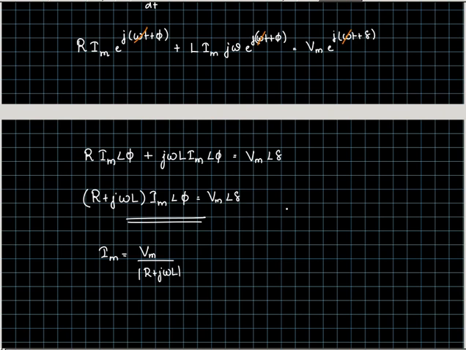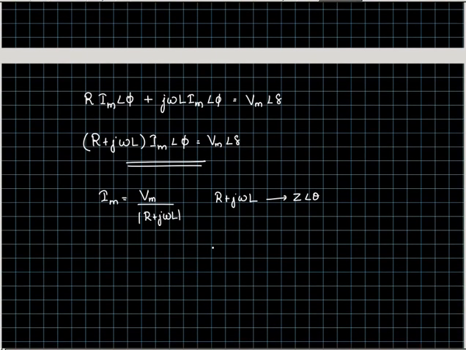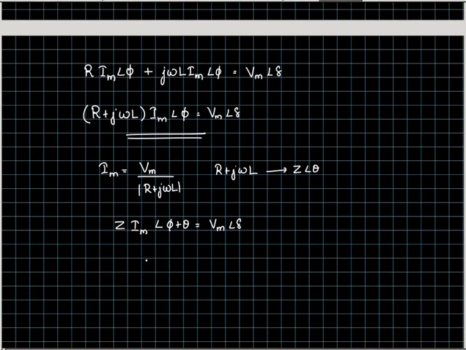and if R plus j omega L can be represented in polar form as Z angle theta, then we can write this equation as Z Im angle (phi plus theta) is equal to Vm angle delta, which would then give you the relation phi is equal to delta minus theta, and theta for this complex number would be tan inverse of the imaginary part by the real part.